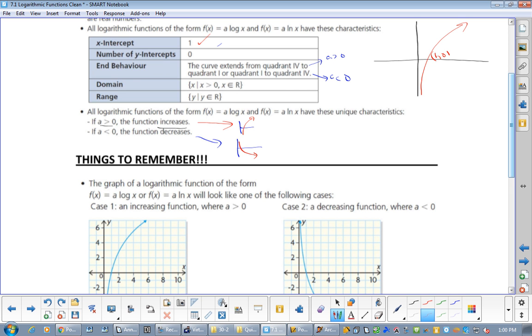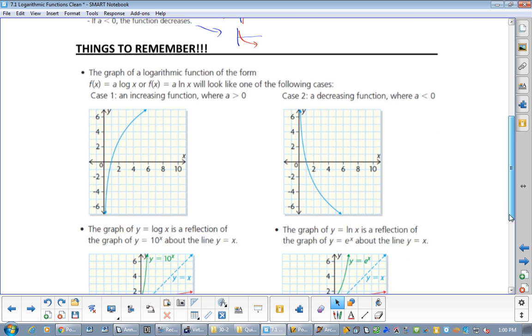Okay, have I beat this to death enough? Okay. So, case 1. A is greater than 0. Does that make sense? Is A greater than 0 in this picture? Yes. In the next picture, is A less than 0? Yes.